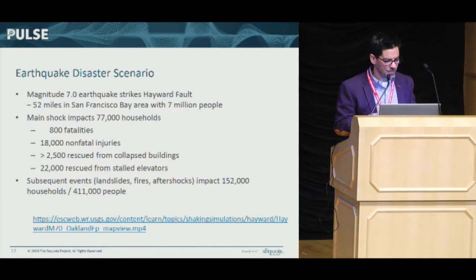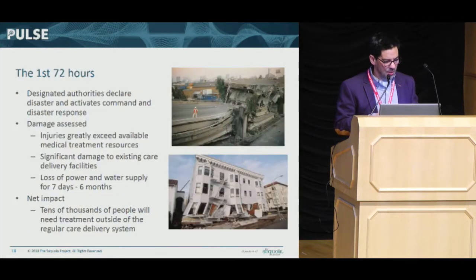So this is where the Pulse network is activated to deal with the emergency, and it's activated typically by state emergency officials. And right after the earthquake, the first 72 hours are critical. So the damage is assessed.